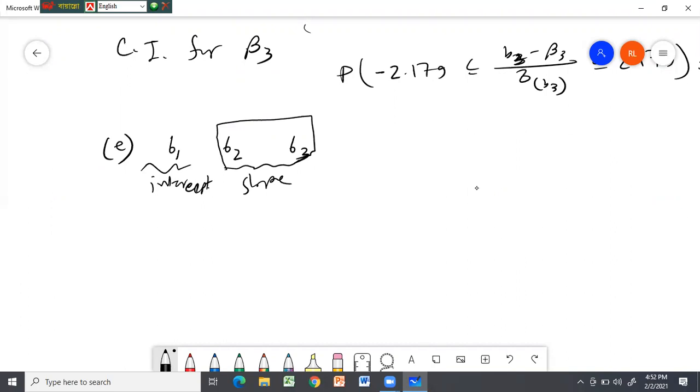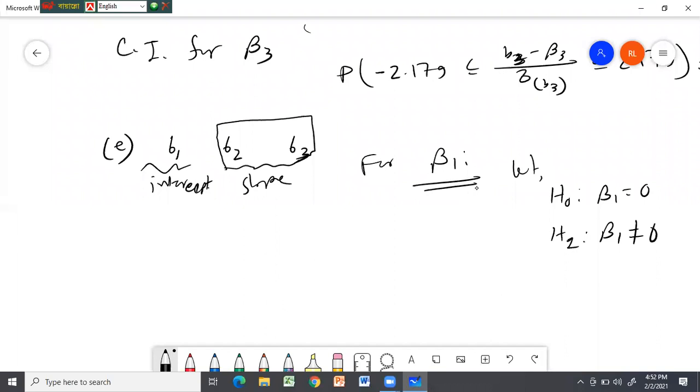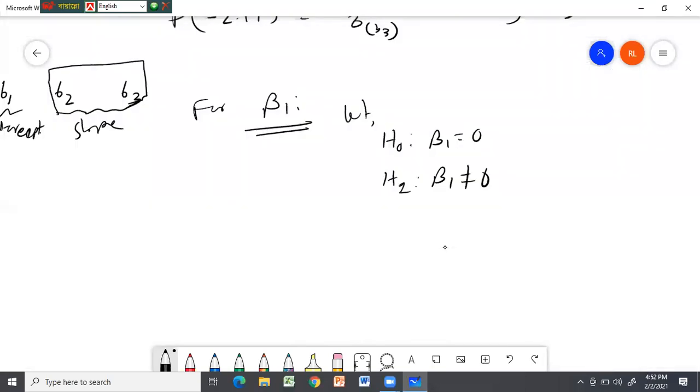So when you test the hypothesis for these three coefficients, first for beta 1, which is estimated by the proxy b1, let your null hypothesis be beta 1 is equal to 0 and the alternative be beta 1 is not equal to 0. That is how you will assume your hypotheses. Then you can go for any approach, either the confidence interval approach or the test of significance approach.